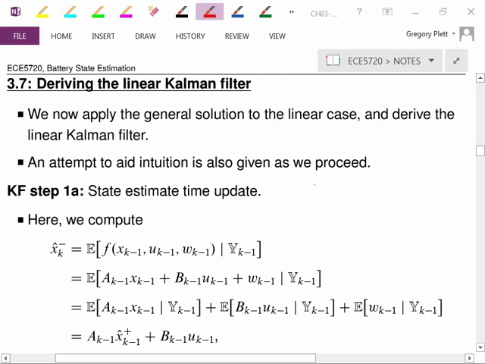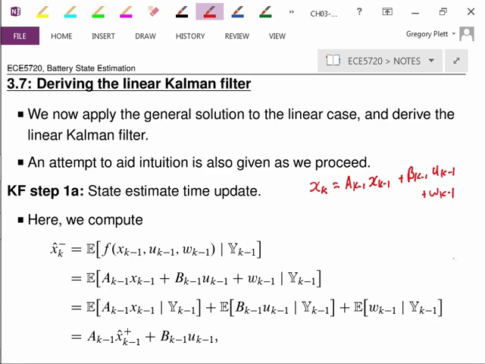So a linear system has a state space form of x_k equals A_{k-1} times x_{k-1} plus B_{k-1} u_{k-1} plus w_{k-1}, where x is the state, u is the input for us, that would be battery cell current, and w is a process noise, so it's some unmeasured signal that does influence the state somehow, but it is not measured.